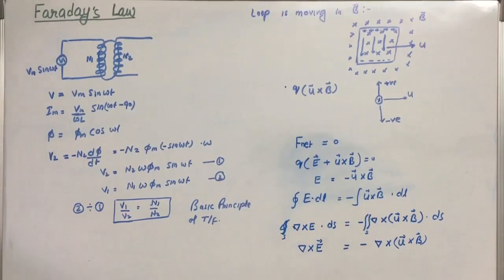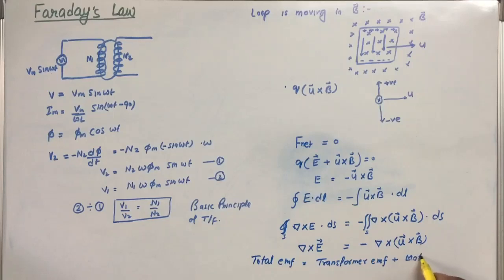And from here we can write the total EMF will be equal to the transformer EMF plus motional EMF. When the loop is moving, the total EMF will be the transformer EMF plus the motional EMF.